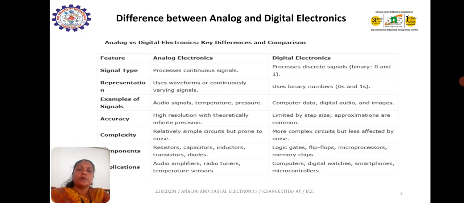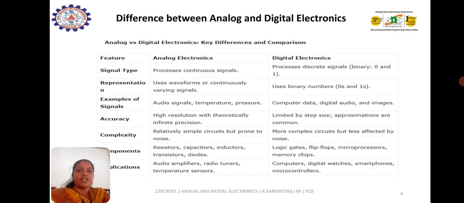According to accuracy, the analog signal accuracy is very high, and the accuracy is limited by step size in digital electronics. Components used in analog electronics are resistor, capacitor, transistor, diodes. In digital electronics, the components used are logic gates, flip-flops, microprocessor, memory.